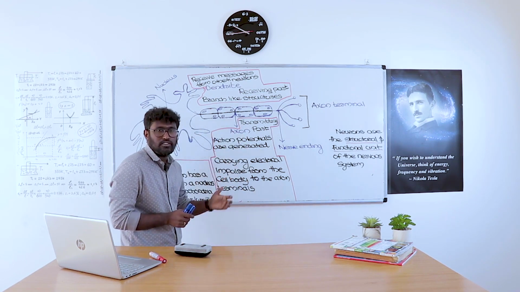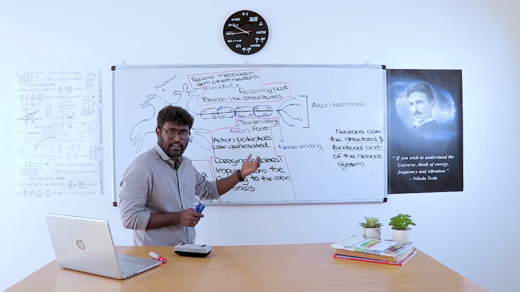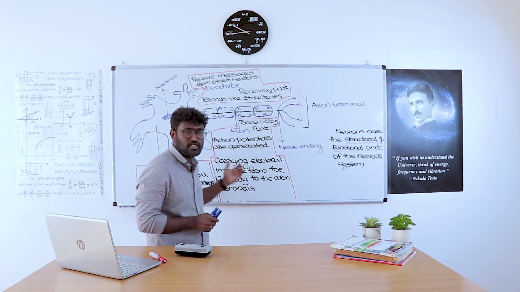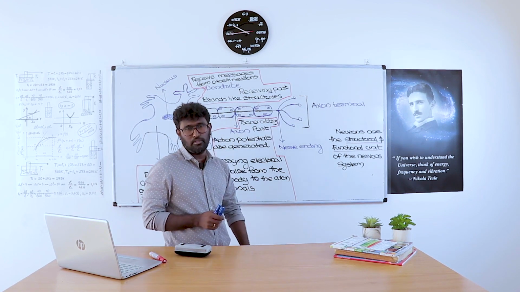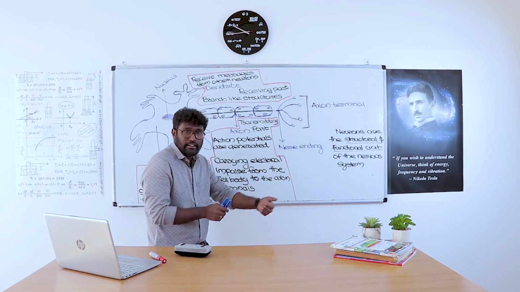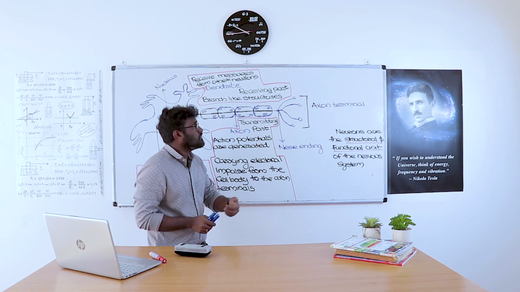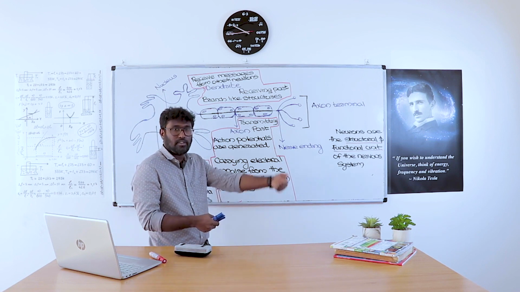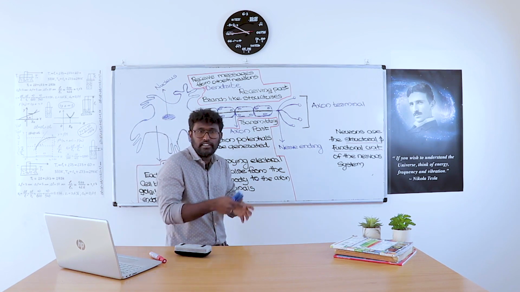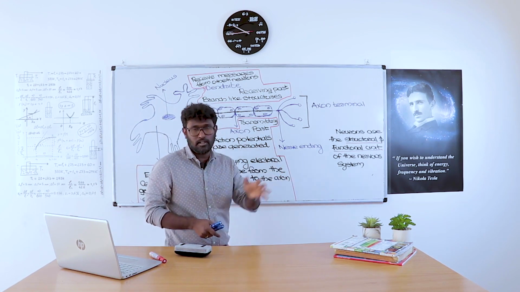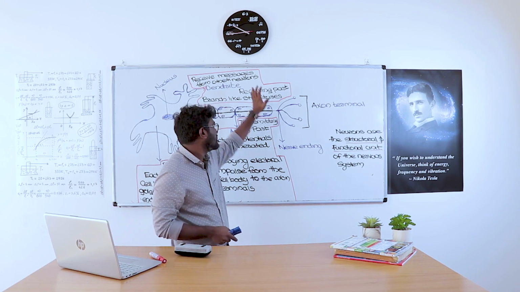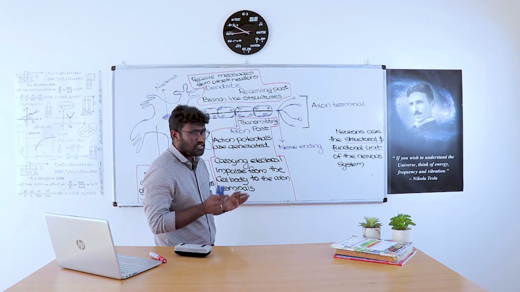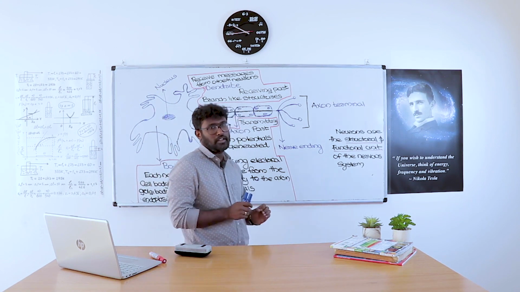The axon is the transmitting region, carrying electrical impulses from the cell body to the axon terminal. The dendrite receives the message from other neurons and transmits it to the cell body. So this is the receiving area and this is the transmitting area. That's all about the neuron diagram.